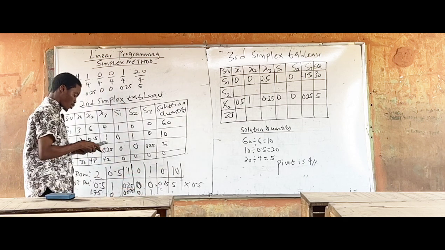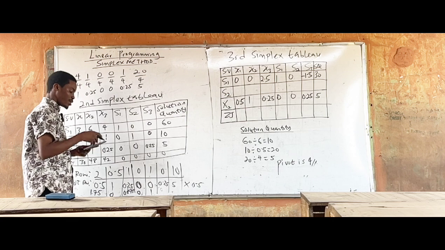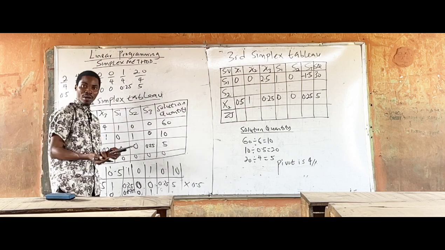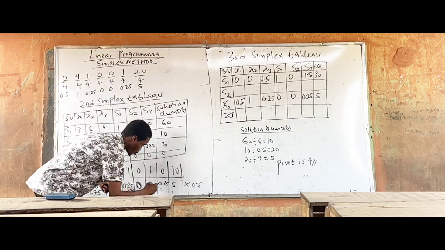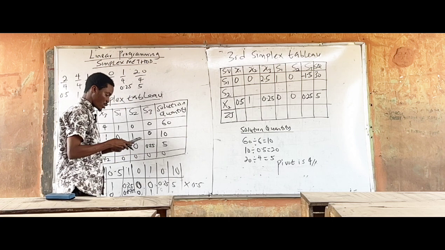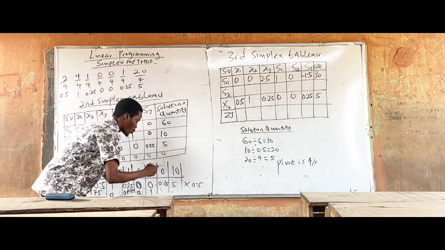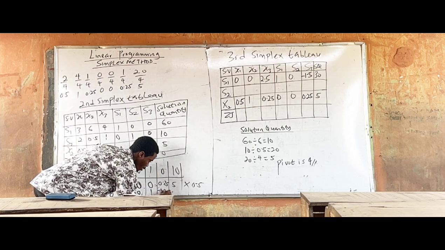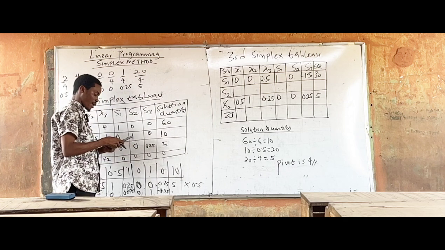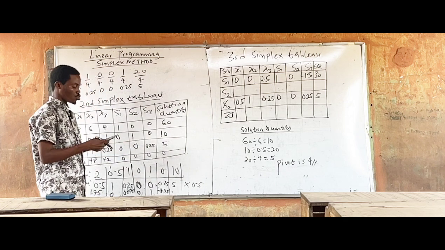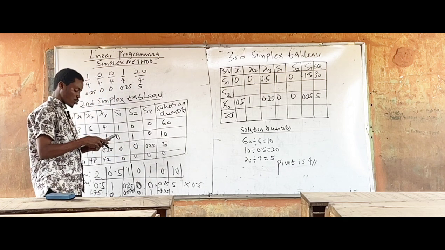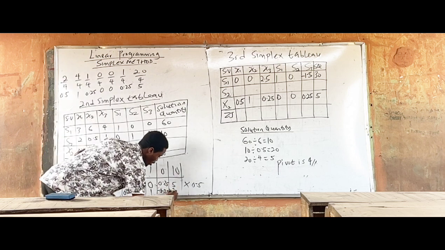0.25 times 0.5 is 0.125. 0 minus 0.125 is minus 0.125. Then 5 times 0.5 is 2.5. 10 minus 2.5 is 7.5.